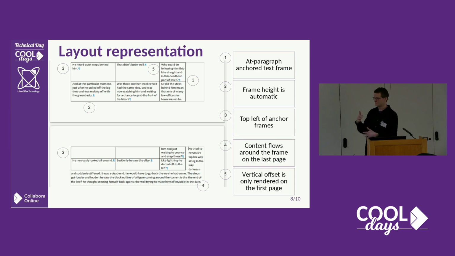That means we split the text node into multiple text frames. Now we can do the splitting in a way that we split before the very first character in the paragraph, which means that the first frame in this anchor chain doesn't really contain anything. That's exactly what we want, because that's how Word lays out its documents.